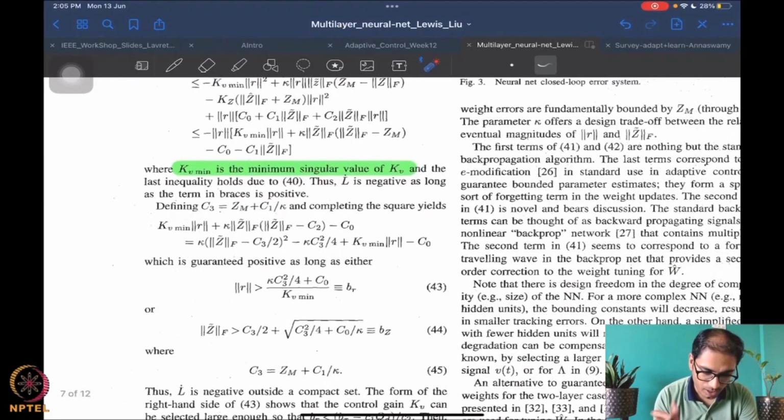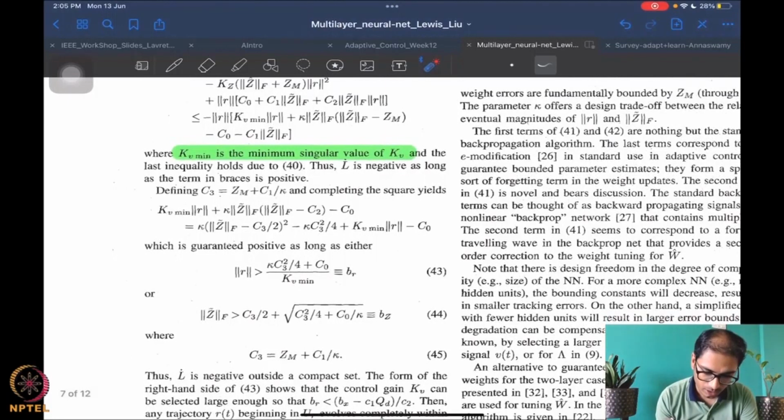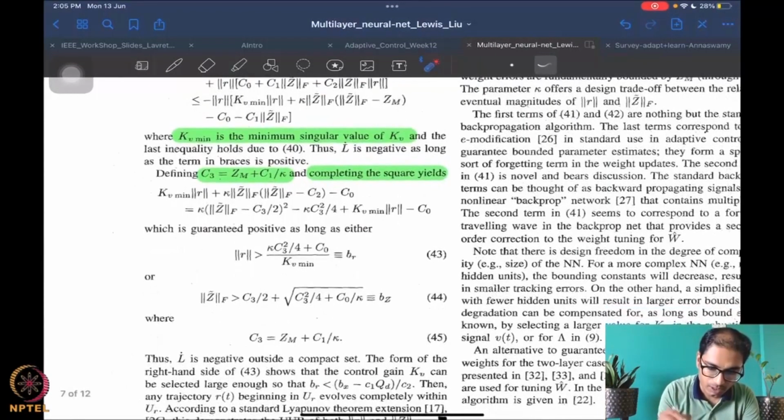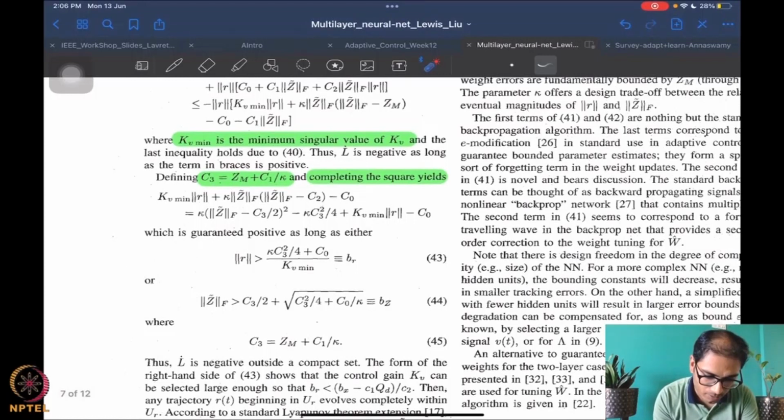Now, if you do a nice completion of squares after defining a new variable C3, what is the completion of square? The completion of square is being done here on this term.